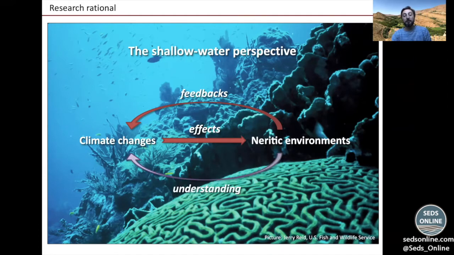On the other side, there is information locked in the neritic environment that is very important to understand the effect of climate change, and that you can understand only with more difficulty from deeper water sections. For instance, sea level fluctuations: neritic environments are the best place to study that.